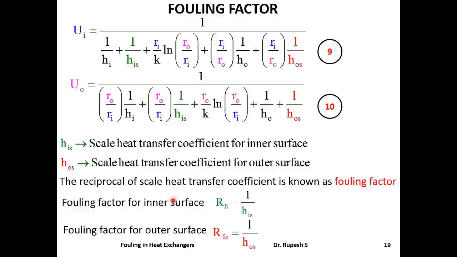We can define fouling factor for both the surfaces. Fouling factor for inner surface Rfi is equal to 1 by His, whereas fouling factor for outer surface Rfo is equal to 1 by Hos. The unit of fouling factor is meter square Kelvin per watt, which is the reciprocal of that of heat transfer coefficient.